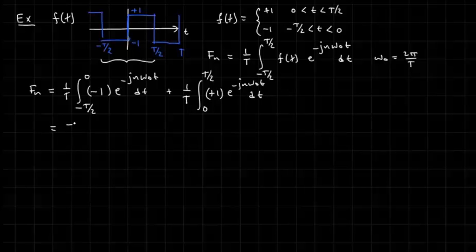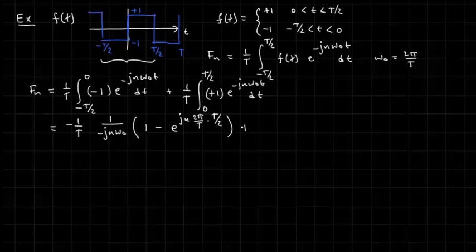So here we'll have a -1 over capital T. Take the integral of the complex exponent, and we get 1 over -jn omega naught times e to the 0, which is going to be 1, minus e to the jn omega naught, which is 2 pi over T times capital T/2. So I've combined the two negatives there.